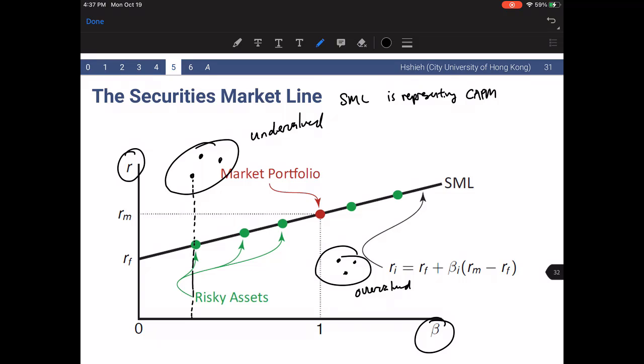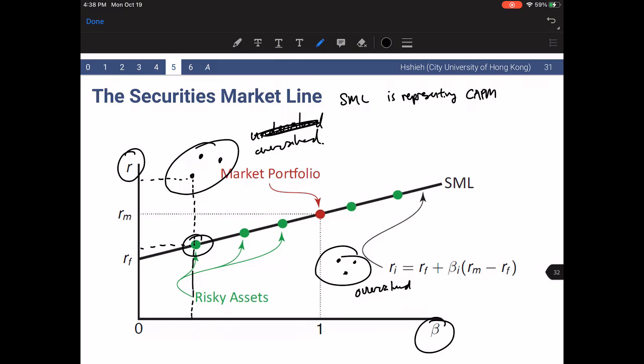So I think I got this mixed up. This is overvalued. For this point here, the model says that it should only give you this amount of return, but instead you observe this amount of return. And so over time, we suspect that this value will maybe converge back to the model implied return. And so these points are definitely overvalued.